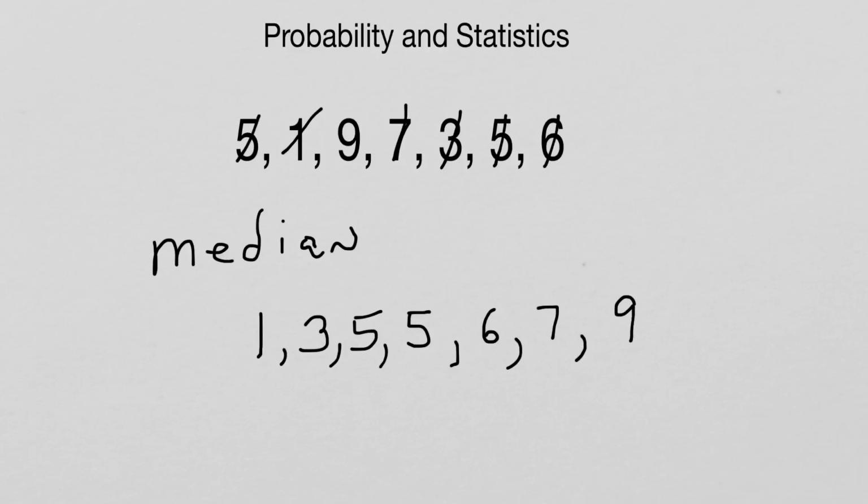And then 9. I guarantee you, if you get a set over 10 or 11 and you try to just do this in your head, you will make a mistake. We've got 7 numbers here, so we'll clearly have 1 in the middle. You can just see there's 7, so it's going to be the middle one. So the median of this is going to be 5.